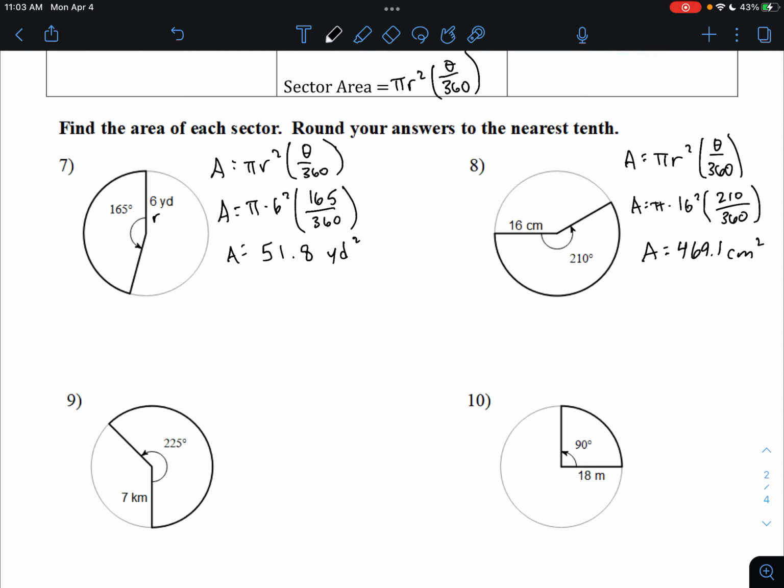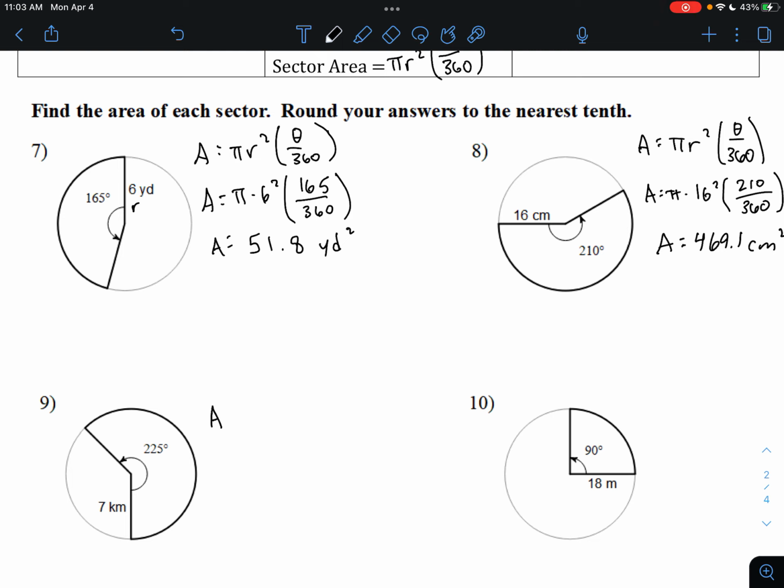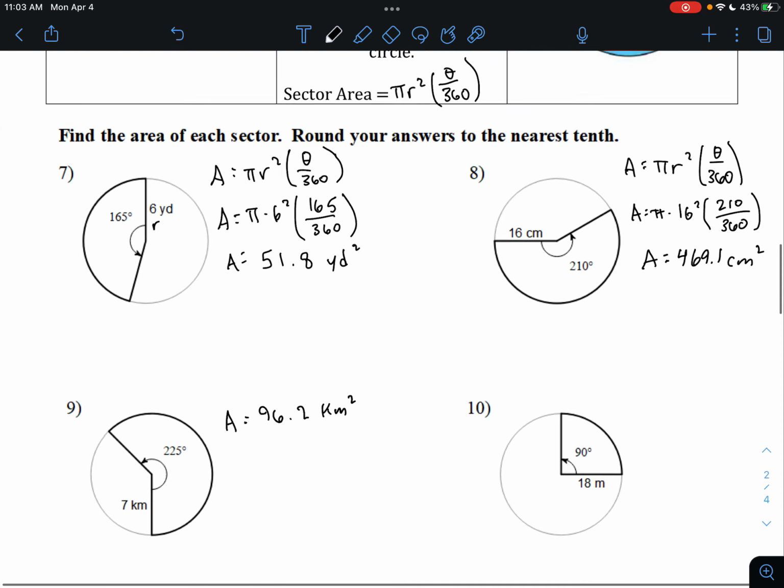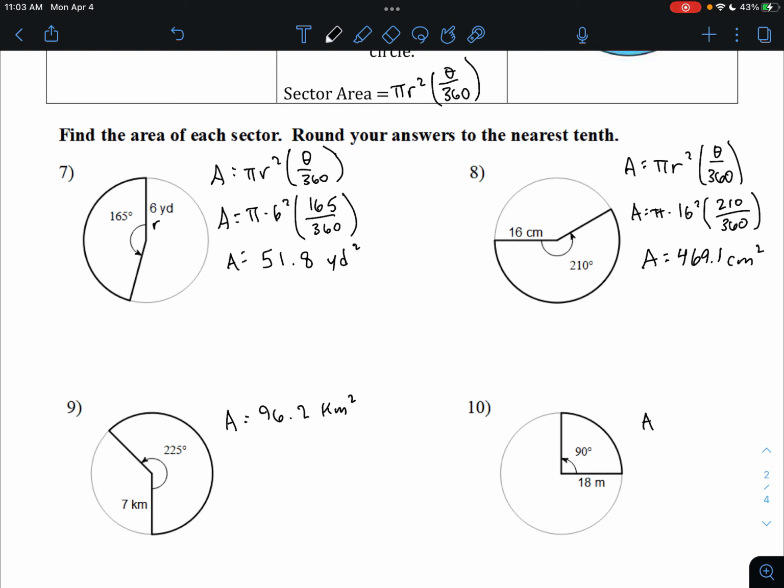On question 9, the area should equal 96.2 kilometers squared. And on question 10, the area should equal about 254.5 meters squared. If you got those two answers, that's great. You got them all right. And if you did not, look at the examples again for questions 7 and 8.